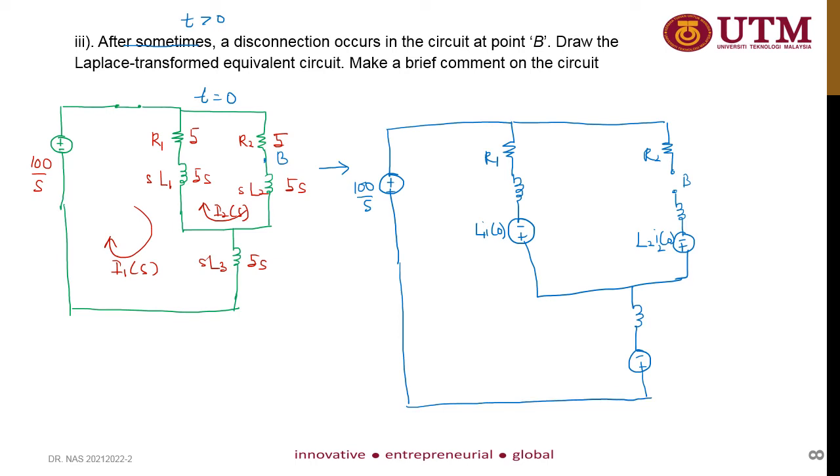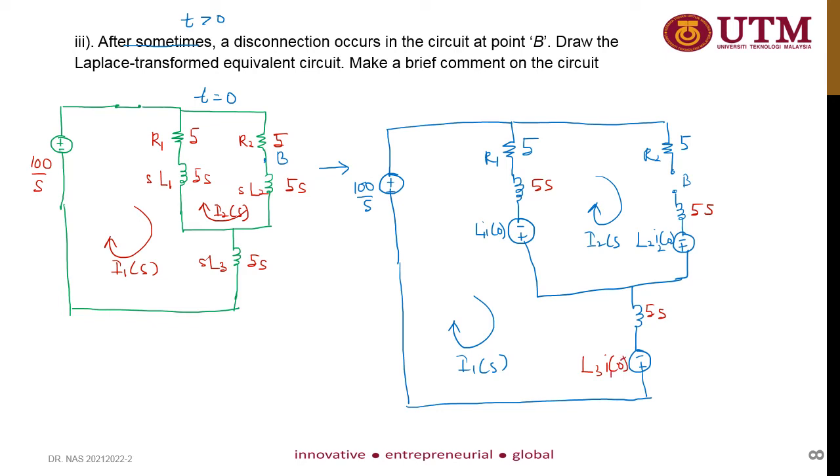Here is I1(s), here is I2(s), so our values are 5 and 5. And how about the L i naught? Here it is still L1 s, so it's 5s. The same goes for this point, it is 5s, and here as well. So here is L3 I naught, which depends on I1 only.